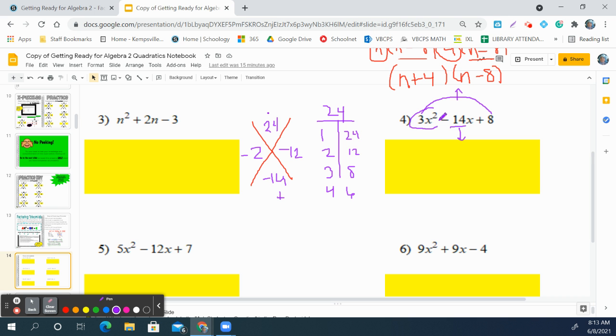So this is our first term. We're going to start with that, 3x squared. This is our second term, but we've got to remember to add the x to it. That's x squared minus 2x. And then we've got our third term, and then our last term, plus 8.